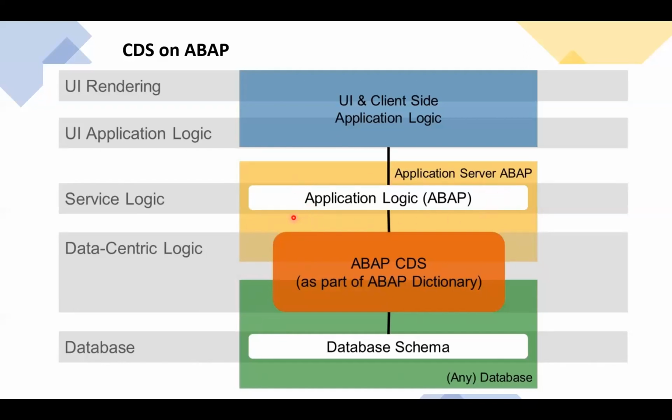They just have the skeleton at the application layer, and whenever a user tries to execute it, the ABAP engine will generate a select query based on all these conditions, and the select query will go to the database. But in the case of ABAP CDS views, whenever we create a CDS view, it directly goes and creates a database view in the database itself, and the HANA engine frames and indexes everything, the key fields and so on.